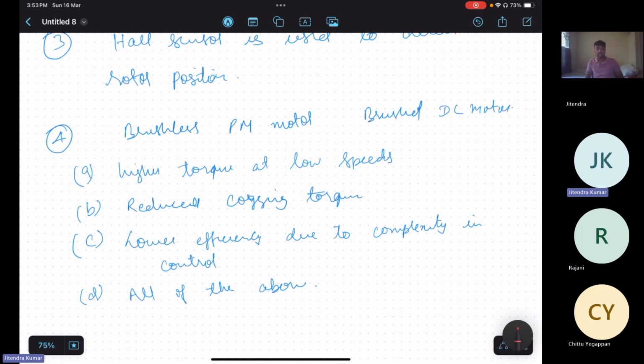Even the DC series motor is known for that only. In fact, this series motor has so much higher torque capability that we do not even start it at load. So that option we have to discard.